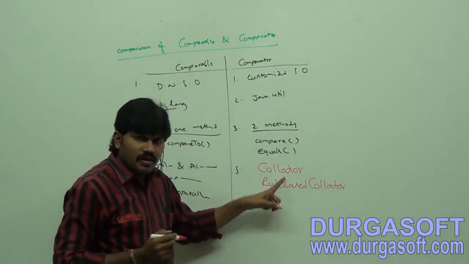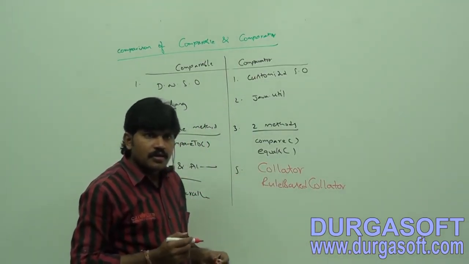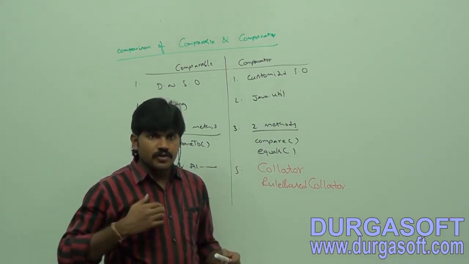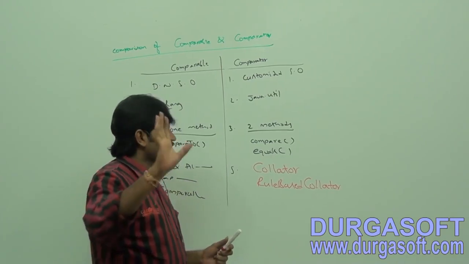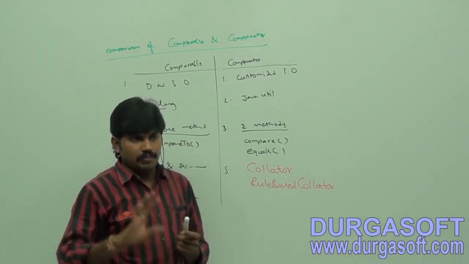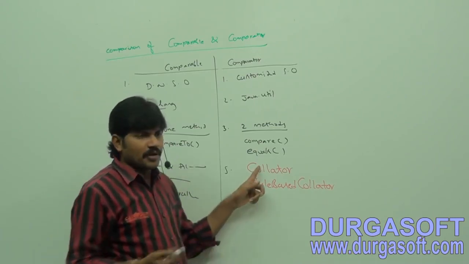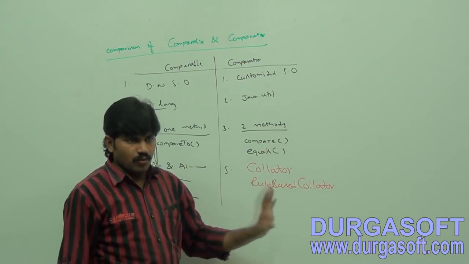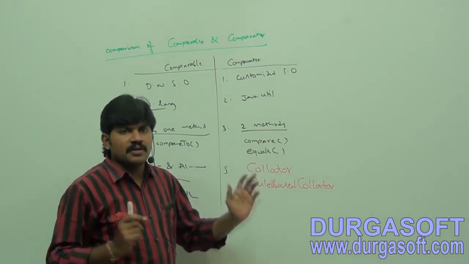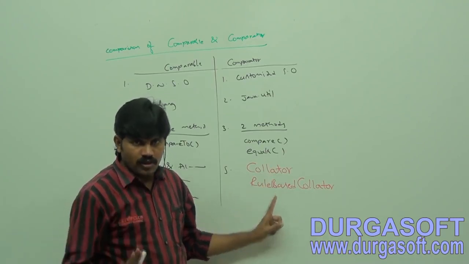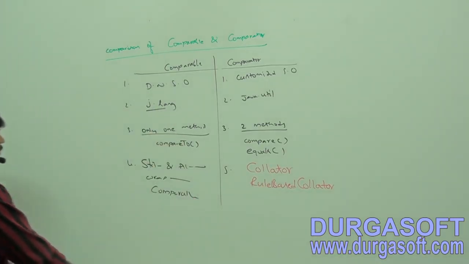Have you ever heard these class names? No, even I too don't know. Okay, this is not required to worry. These are things usually we can use in GUI based applications, not in our scope. The only implemented classes of comparator are Collator and RuleBasedCollator. That's all. Take this table.